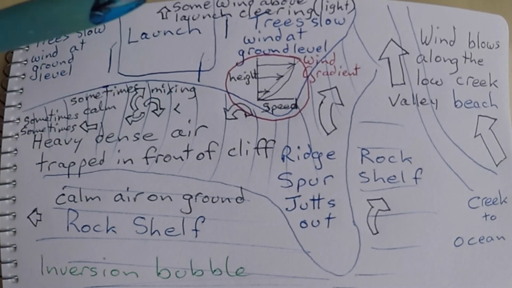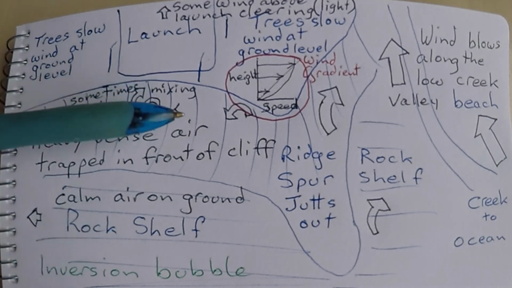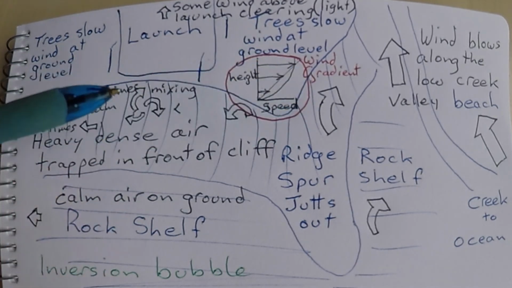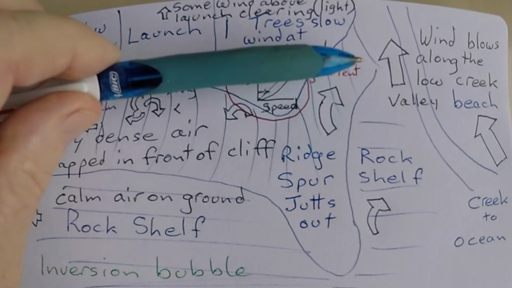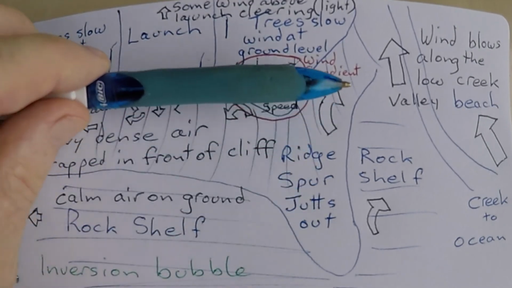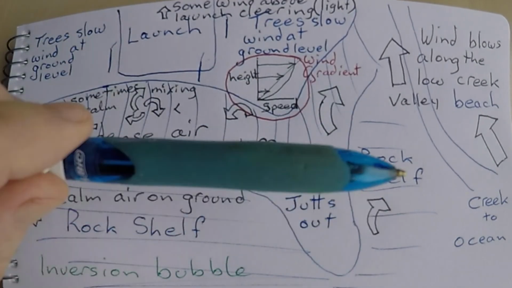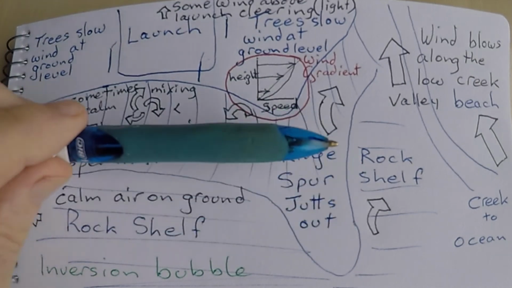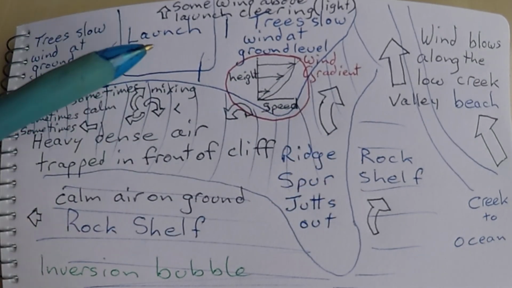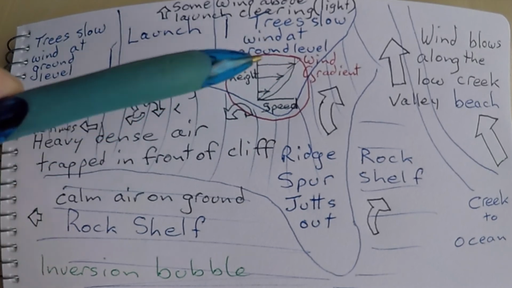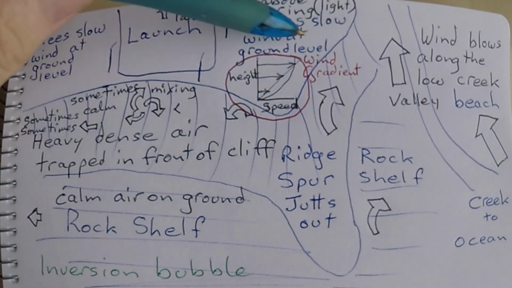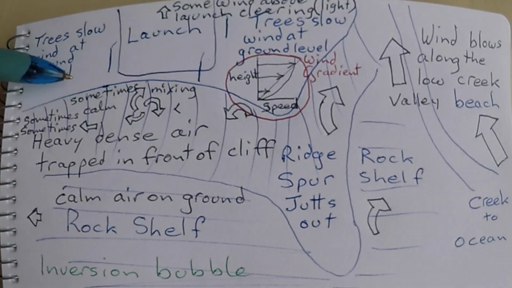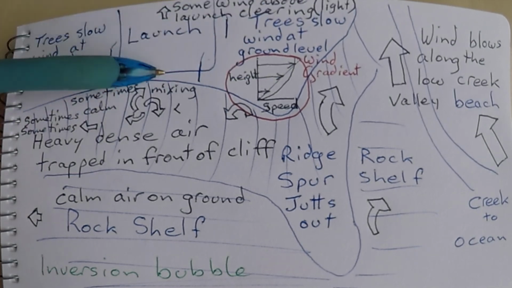Now, sometimes the edge of this inversion bubble, which is happening just around launch height, because that's where the air difference between the trapped air and the wind blowing over the top is mixing, will cause a turbulent feeling after launch in this area when you're trying to get up.